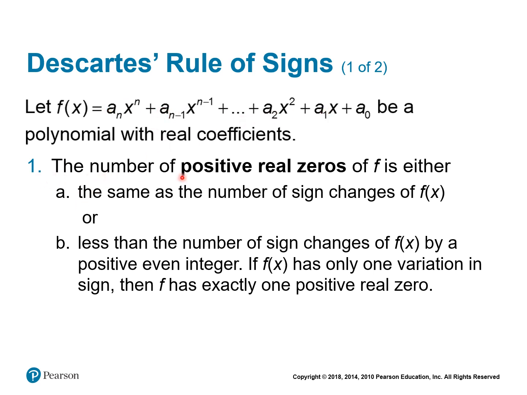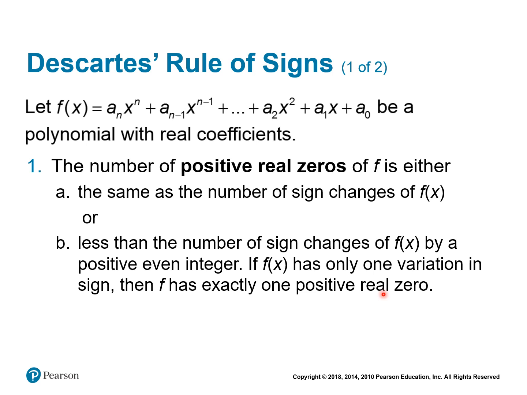Then the number of positive real zeros of f is either the same as the number of sign changes of f of x, or less than the number of sign changes of f of x by a positive even integer. If f of x has only one variation in sign, then f has exactly one positive real zero.